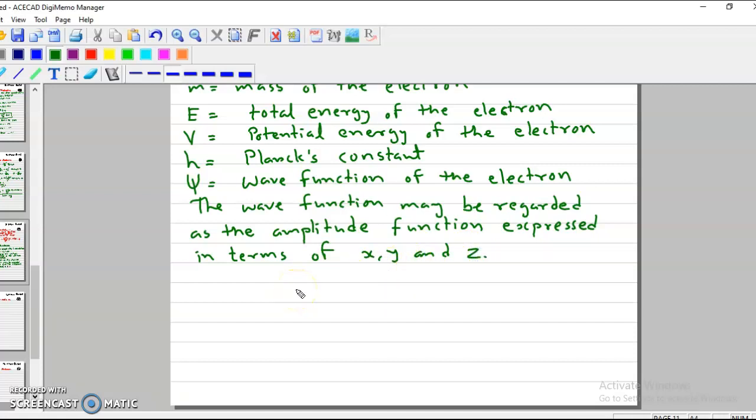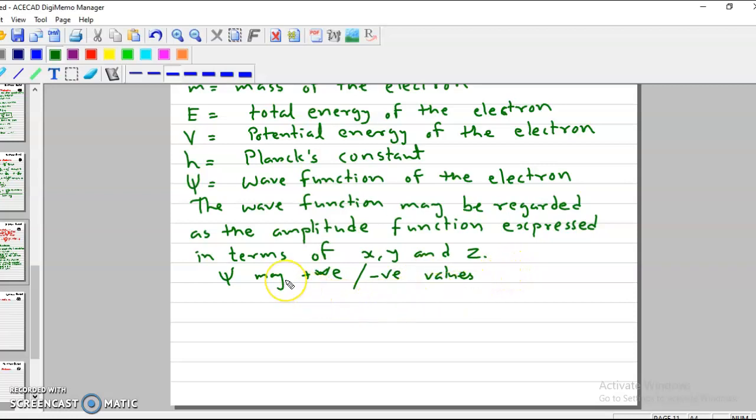Or the wave function, so psi, may have positive or negative values, depending upon the values of coordinates.